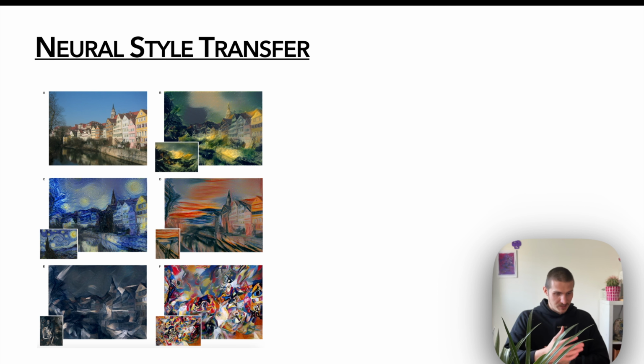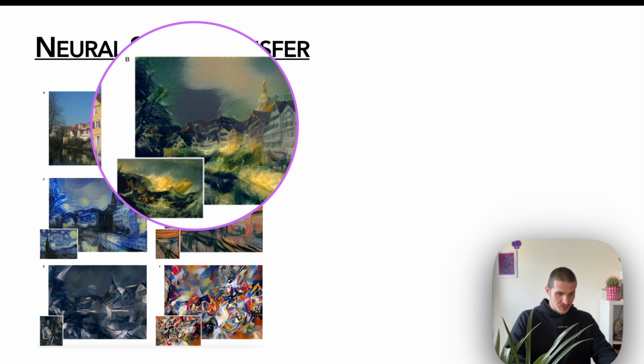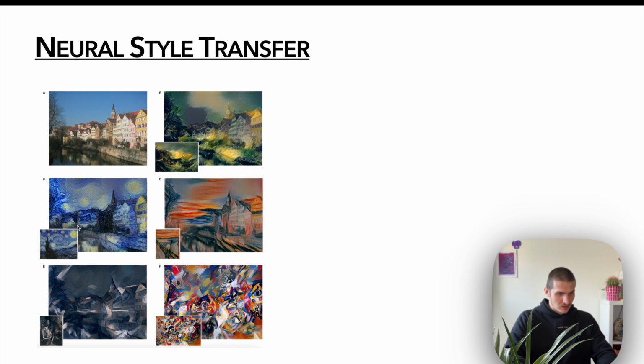This is the picture we've seen already from the original paper, where they take a photo of a city with a river and houses and try to apply different styles to it. And we can see that it really works. The color composition changes a lot in this case. The paint style, the strokes, the overall feel of it is indeed taken from the style image, while you can still see the original houses and river all in the same place.